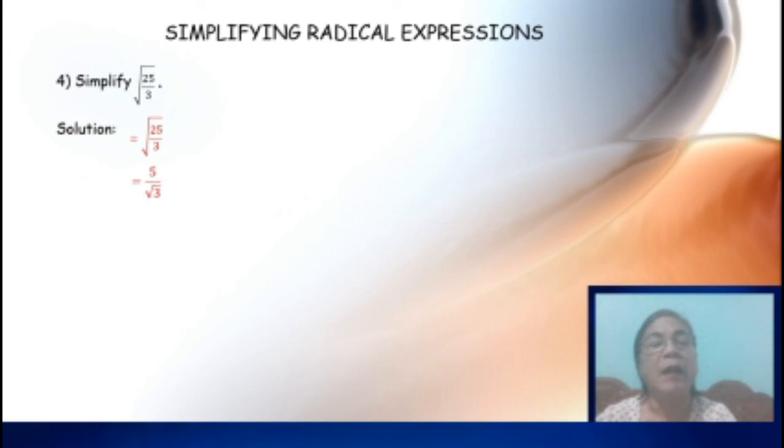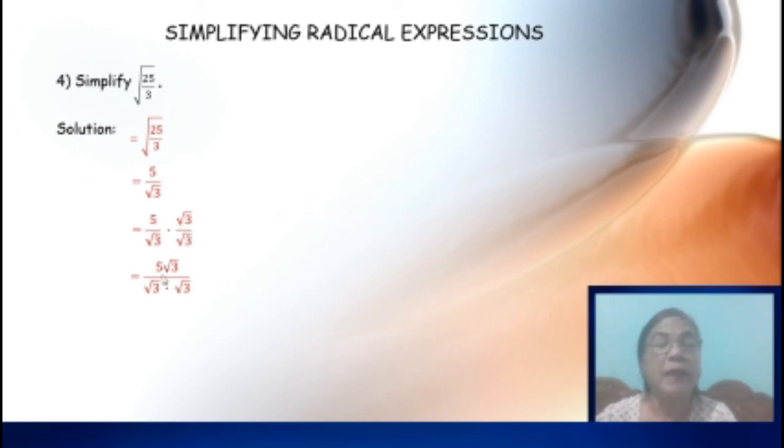How again? What is our denominator? It's square root of 3. So we multiply it with square root of 3 over square root of 3, since square root of 3 divided by square root of 3 is still equal to 1. So we do the multiplication now. 5 times square root of 3.